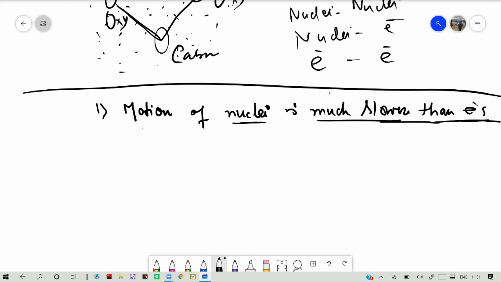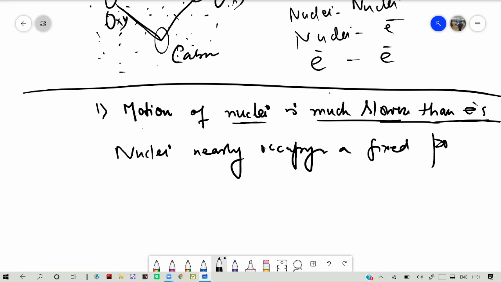So from this, we conclude that nuclei nearly occupy a fixed position within the molecule. They are moving actually, but very slowly, such that they can be treated as fixed.